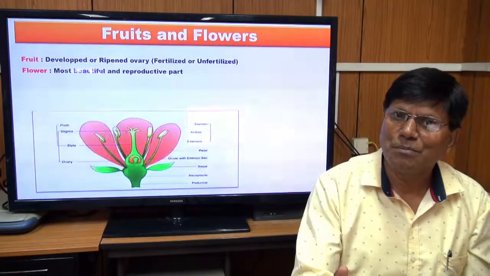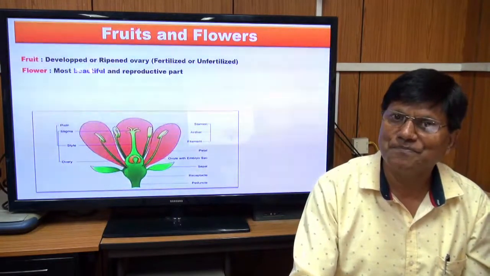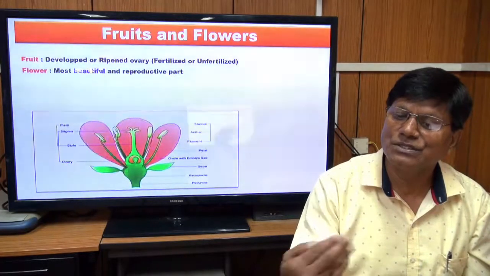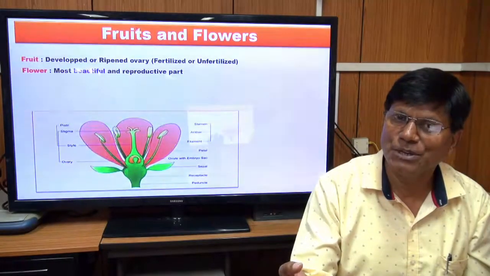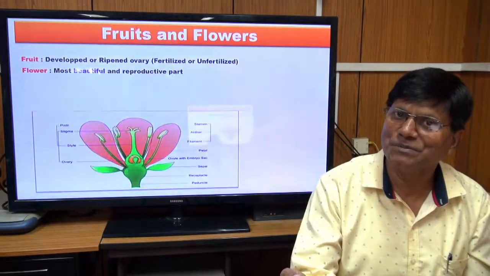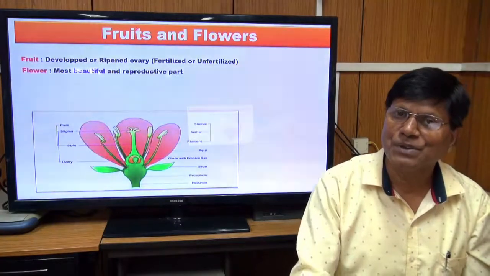Just above that, the colorful, delicate part is called corolla. Calyx is the outermost cover before blossoming. After that, corolla covers the reproductive part after partially blossoming.